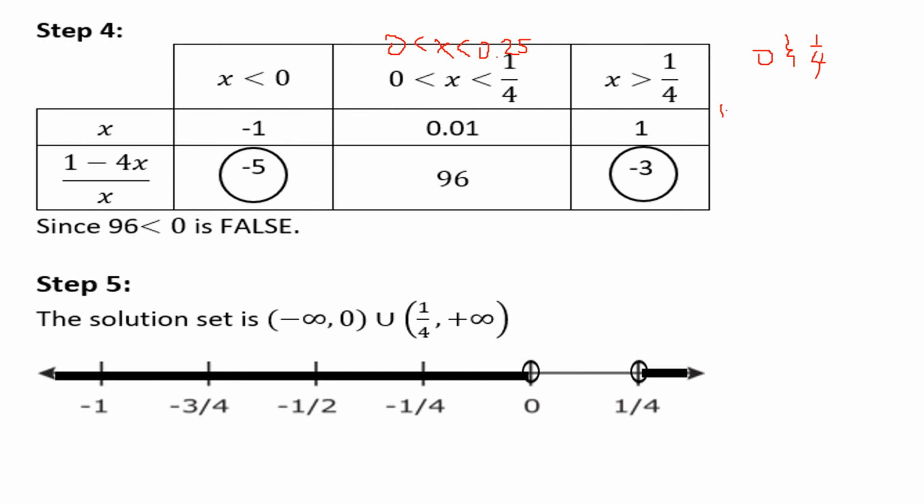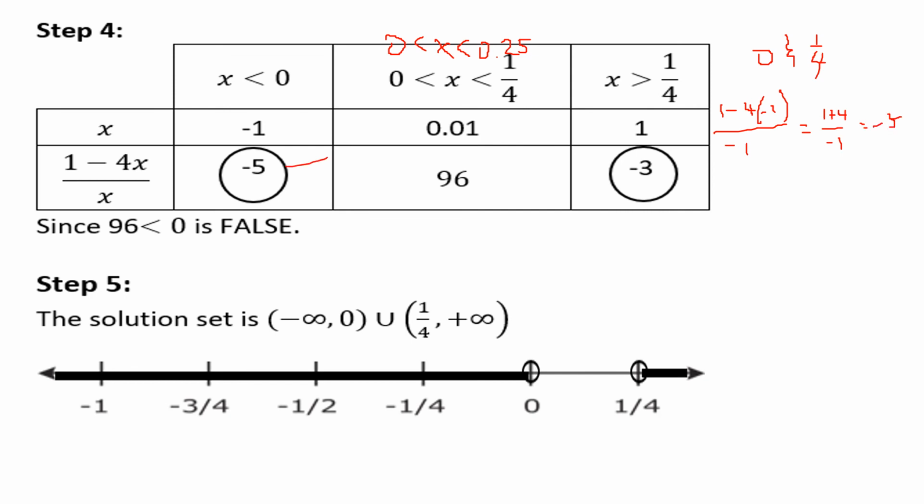rational expression. So, we have 1 minus 4 times -1 all over -1. So 4 times -1, that becomes +4. So we have 1 plus 4 all over -1. So the answer is -5.